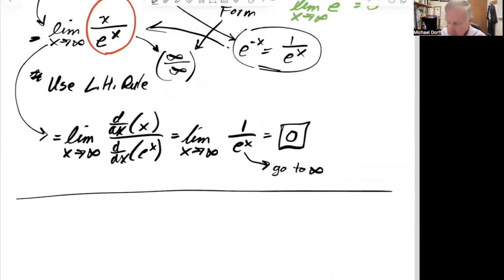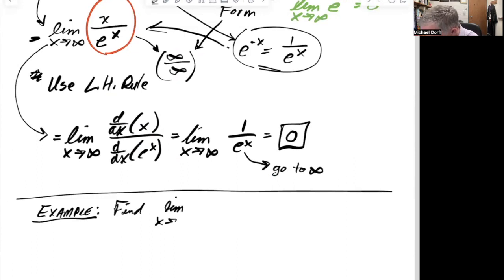All right, let's look at another example here. In this example, we're going to find the limit as x goes to infinity of x to the 1 over x.